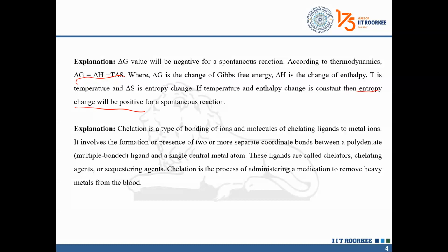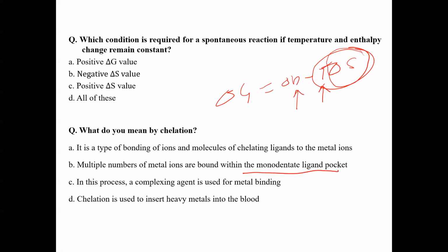Okay, it involves the formation or presence of two or more separate coordinate bonds between a polydentate, which is basically multiple bonded ligand, and a single central metal atom. So chelation is the process of administering a medication to remove heavy metals from the blood, not for inserting. So this one is the right answer for the second one, and this is for the first one, right?